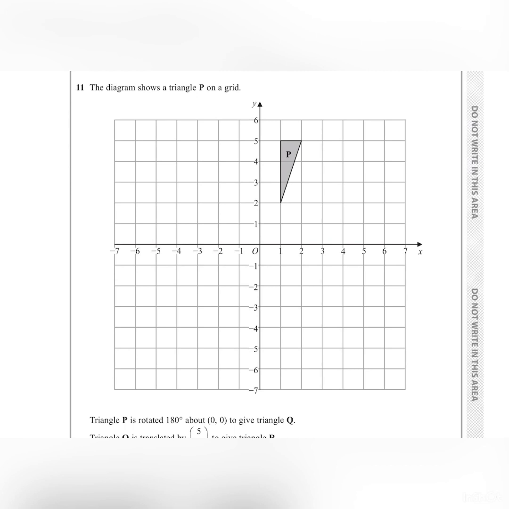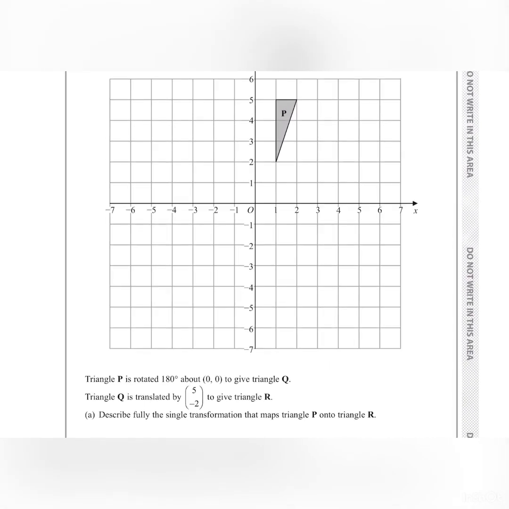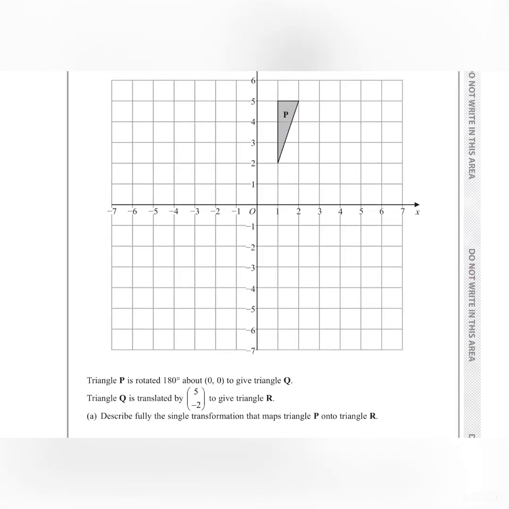Okay, question 11, it says the diagram shows triangle P on the grid. Triangle P is rotated 180 degrees about 0, 0 to give triangle Q, and then triangle Q is translated by 5 and -2 to give triangle R. Describe fully the single transformation that maps P onto triangle R. Okay, so we're going to look at this in stages.